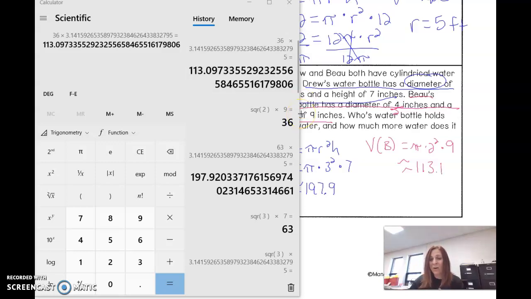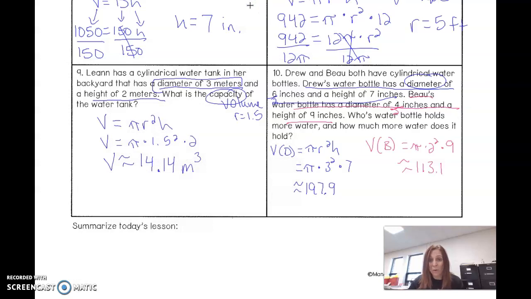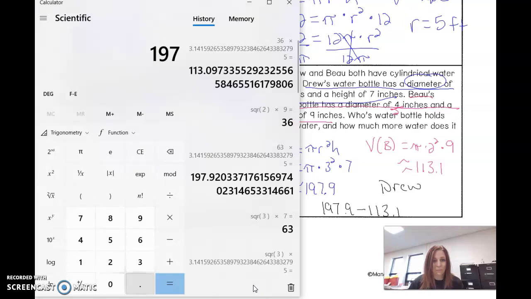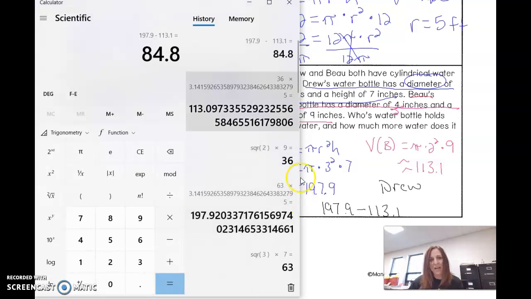Now they say whose water bottle holds more water? Well, that's going to be Drew. Now, how much more? We just have to subtract. 197.9 minus 113.1. And it holds about 84.8 cubic inches.